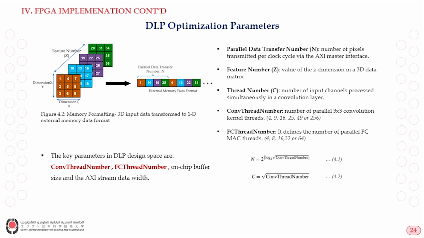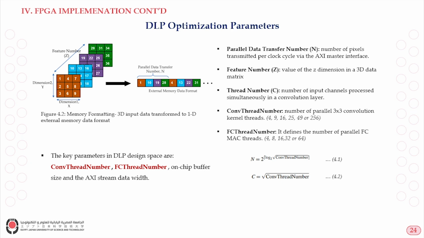We have already discussed how to streamline the model by quantization and pruning. We had two key parameters: we are able to compute certain convolutions in parallel, and when you set a certain number of parallel convolutions, you also have to configure the way you read the data from external memory.